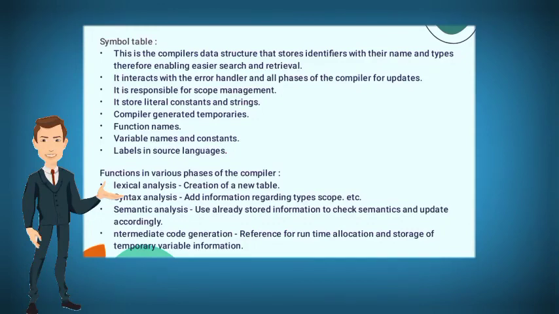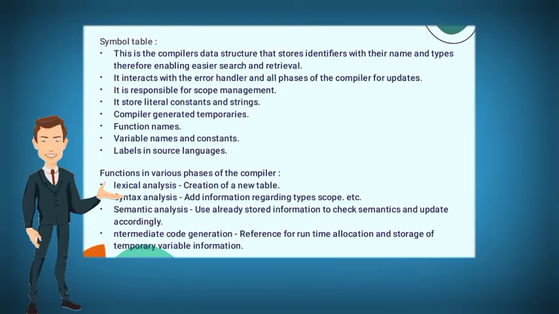Symbol table. This is the compiler data structure that stores identifiers with their names and types, therefore enabling easier search and retrieval. It interconnects with the error handler and all phases of the compiler for updates. It is responsible for scope management. It stores literal constants and strings.